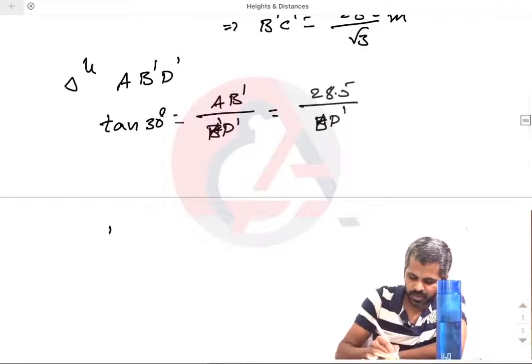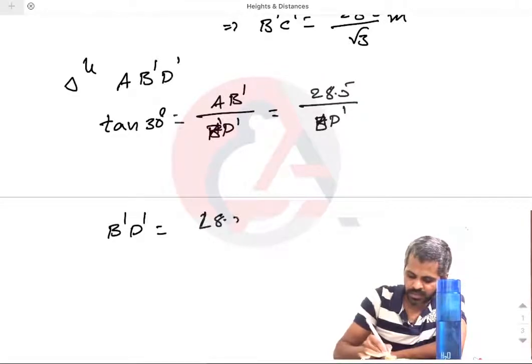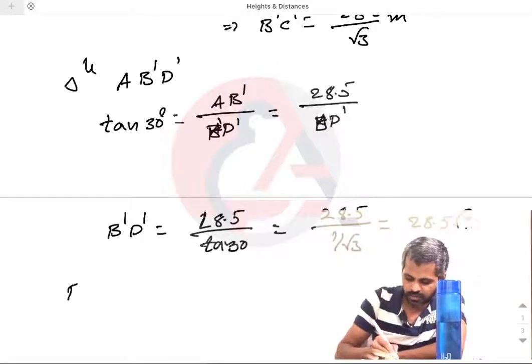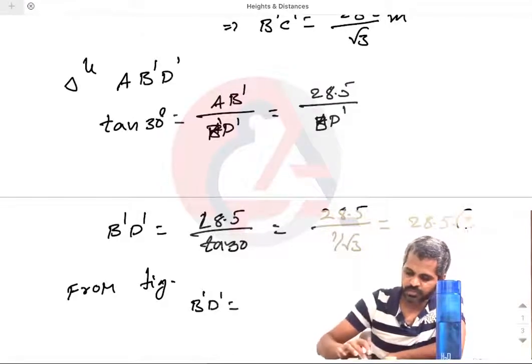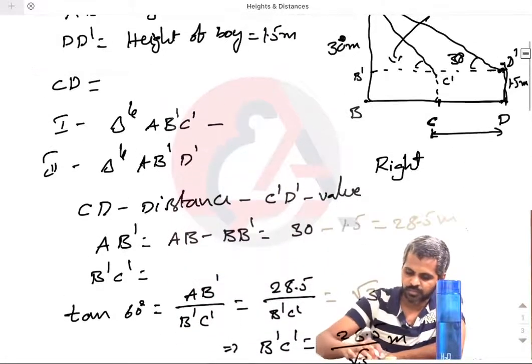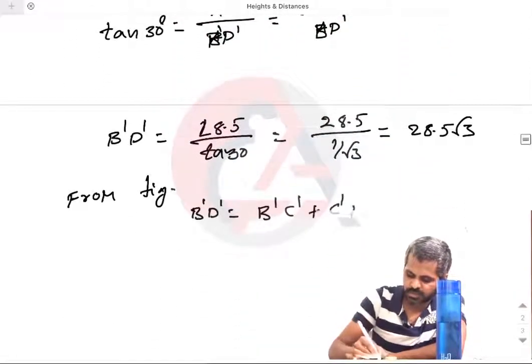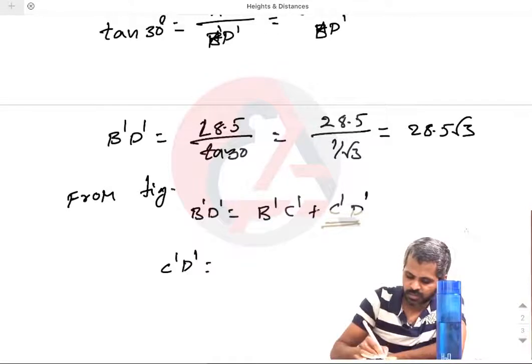From here B dash D dash will be equal to 28.5 by tan 30, that will be equal to 28.5 by 1 by root 3, that is 28.5 root 3. From the figure above, how can we write B dash D dash? B dash C dash plus C dash D dash. Our aim is to find the C dash D dash value. So C dash D dash will be equal to B dash D dash minus B dash C dash.